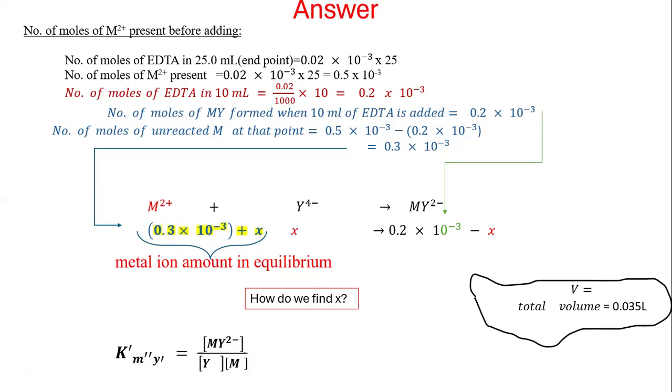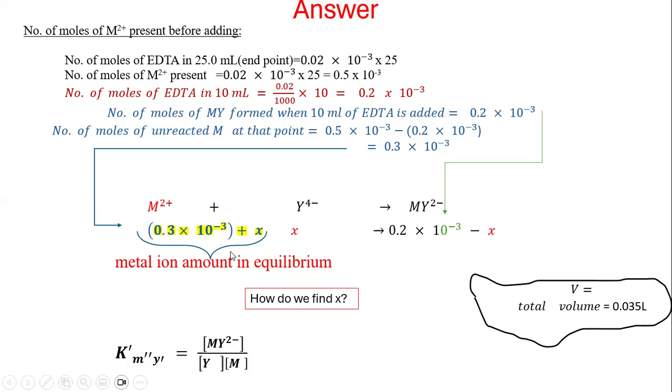Okay, now you know about these things you have found. Now you have to substitute with the concentration terms. What is the concentration? Number of moles divided by the volume.